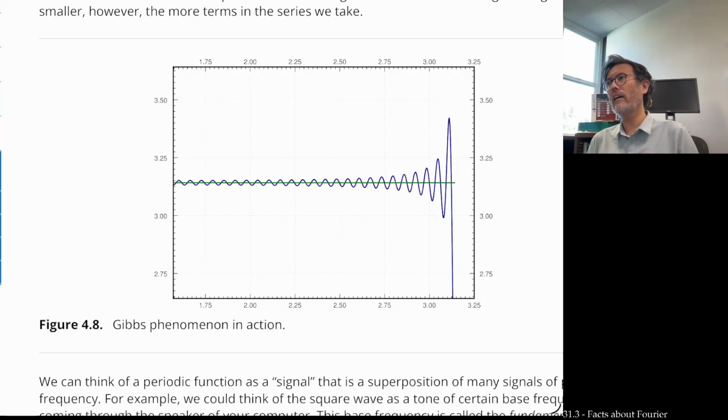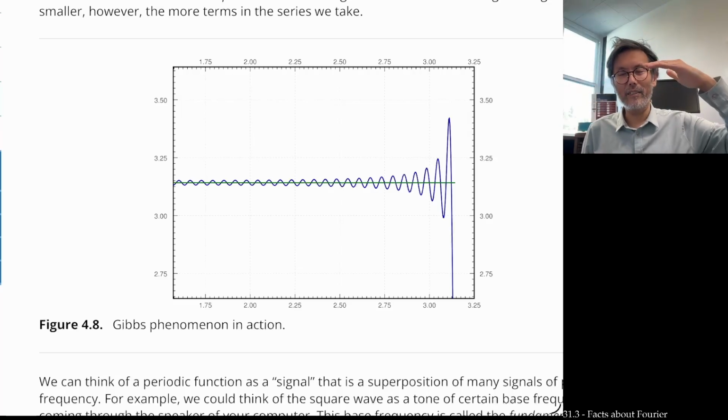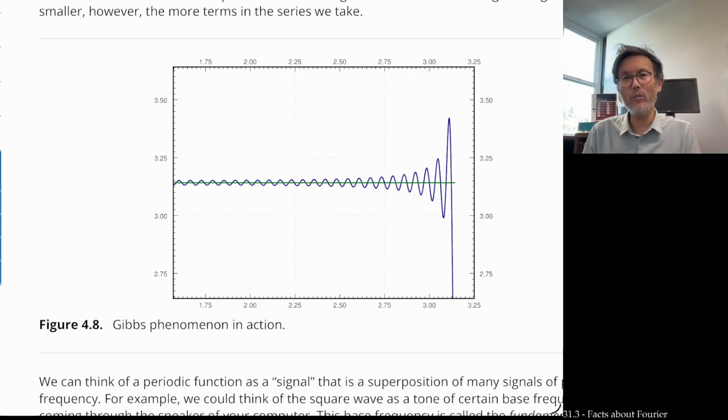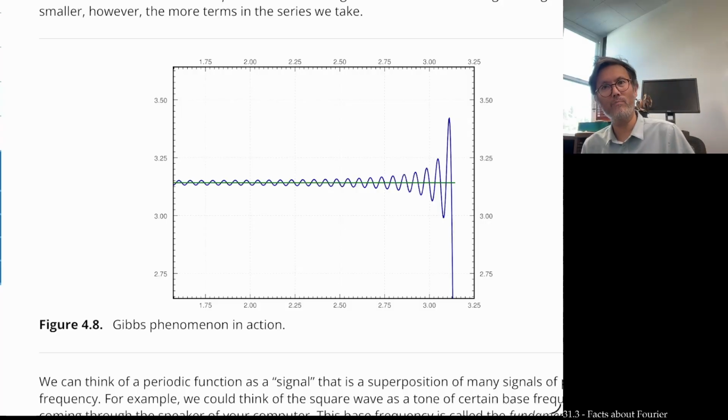Another fact that I want to say out loud is that the rate at which the Fourier series converges to the actual signal depends quite a lot on how nice the signal is. For piecewise continuous functions that have these big gaps, where you don't even have continuity at particular points, the convergence of the Fourier series to the actual signal can be quite slow. But if you have a nice periodic function, the convergence can be incredibly fast.